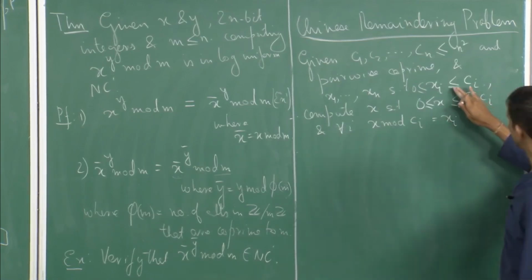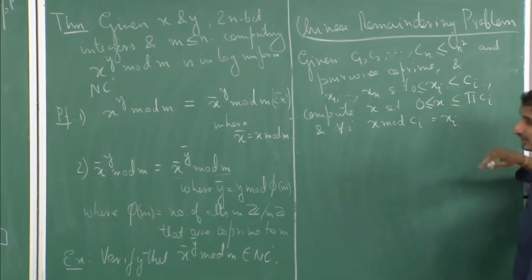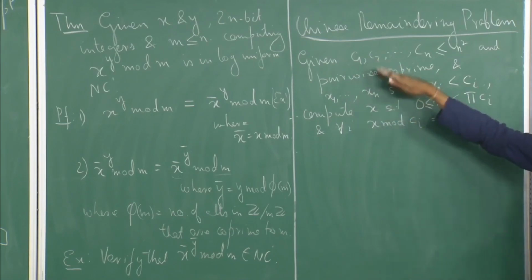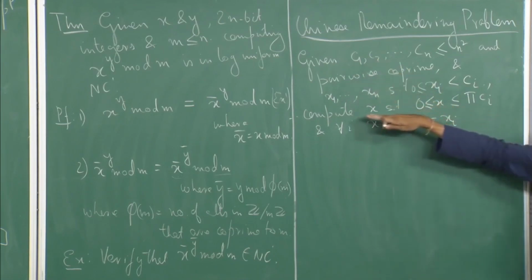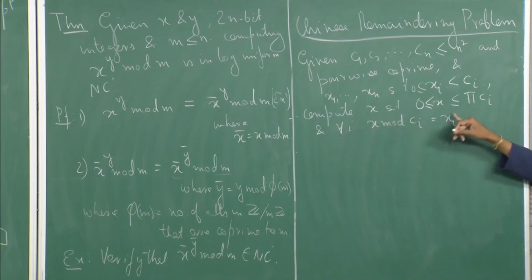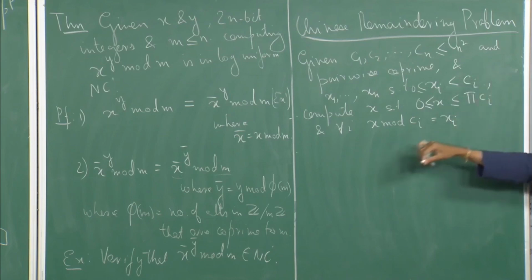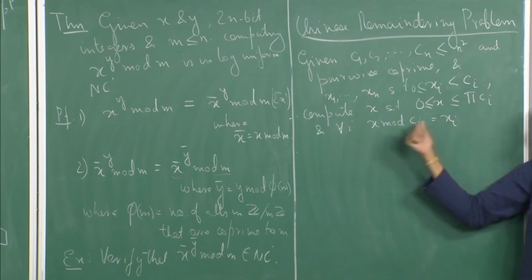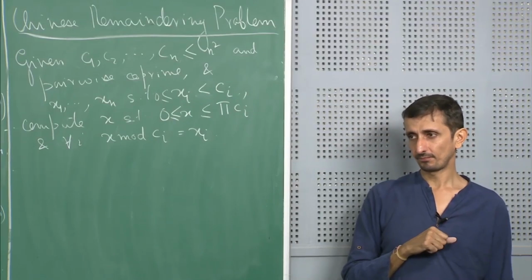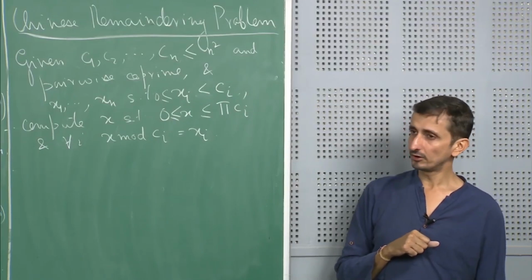Let's assume it is strictly less than ci; I don't think it matters. Now, given these two sets of numbers, we have to compute a number x such that x is not too large, x is at most the product of these ci's, and if I divide x by ci, the remainder is equal to xi. This should be true for all i.